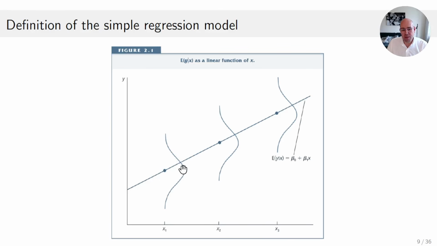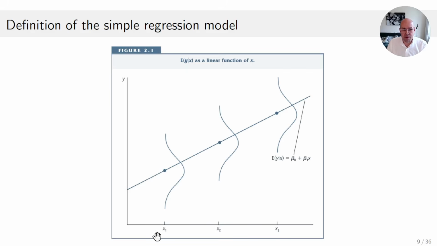So what else do we see here? We see these curvy lines. What they're meant to represent are basically the distributions of y given x, because the model says y is beta naught plus beta 1x plus u. So for each value of x, u is going to have a distribution, and later we're actually going to assume that the distribution is the same, and we're also going to discuss another case.